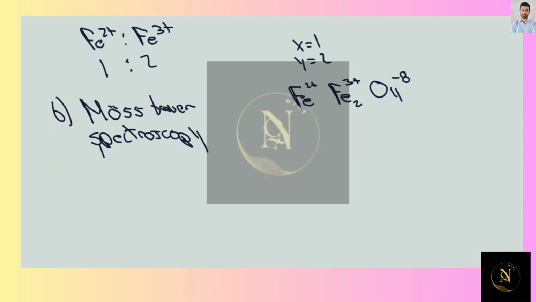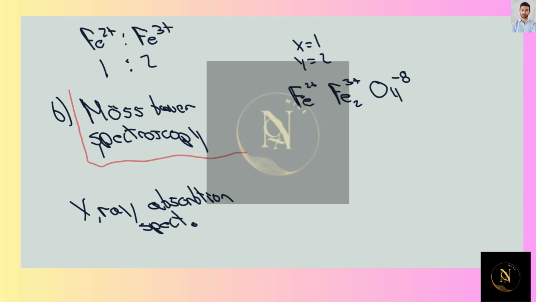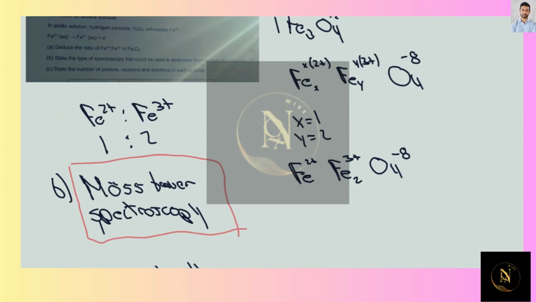And another common technique is going to be X-ray absorption spectroscopy. In this case, the one that is employed the most is going to be Mossbauer spectroscopy to have the relative abundances for each of them.